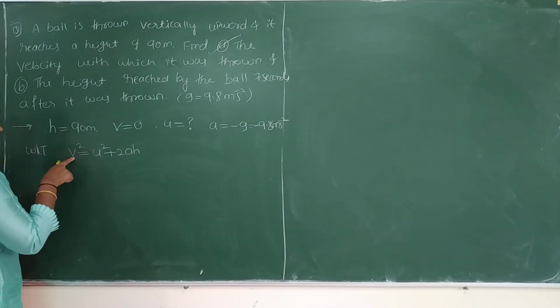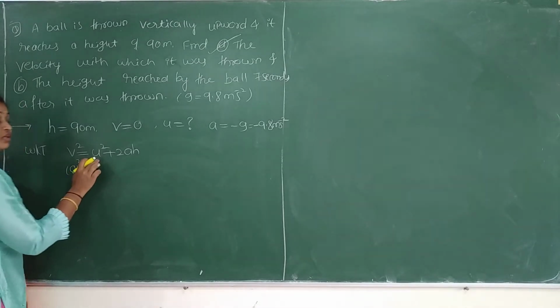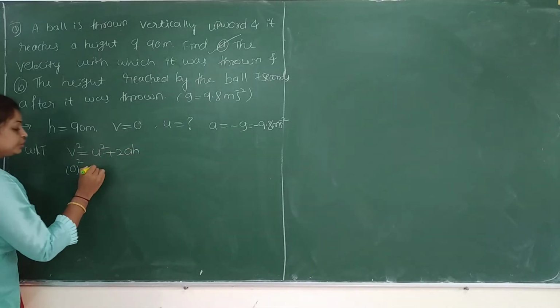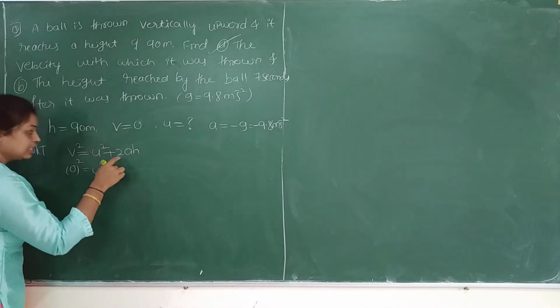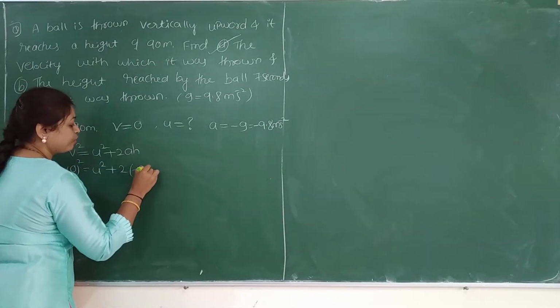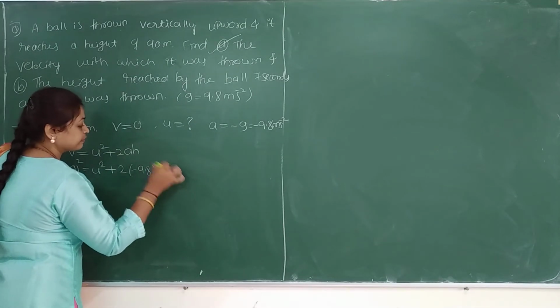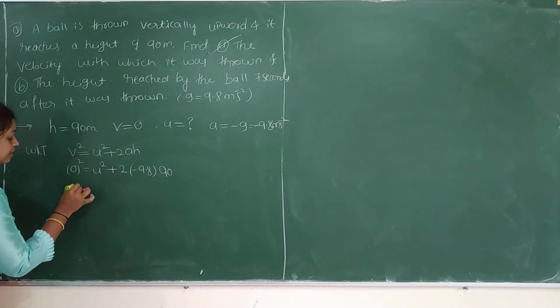Now final velocity is how much? 0. Initial velocity is how much? We don't know, you have to calculate. Plus 2 as it is. The a value is how much? Minus 9.8 into h value 90. Right. Now this will be 0.